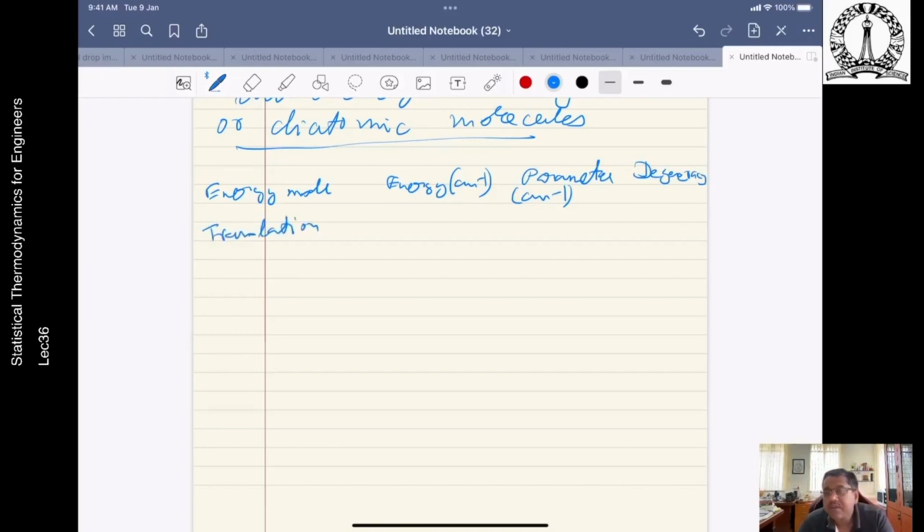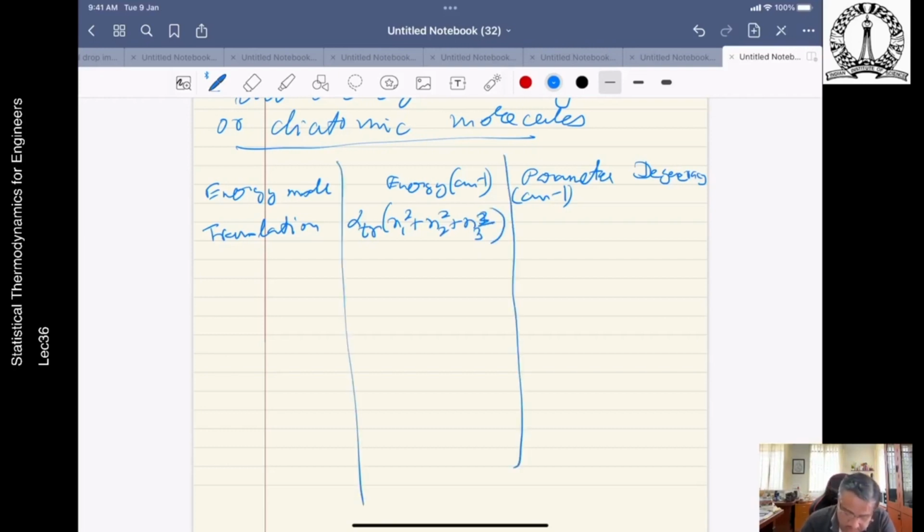Obviously, translation. So that is given as, you recall, n1 square plus n2 square plus n3 square, where you have put some markers so that it is easier for us to write.